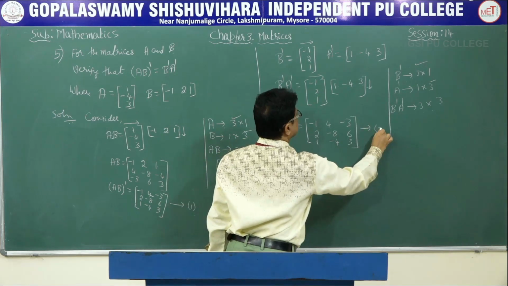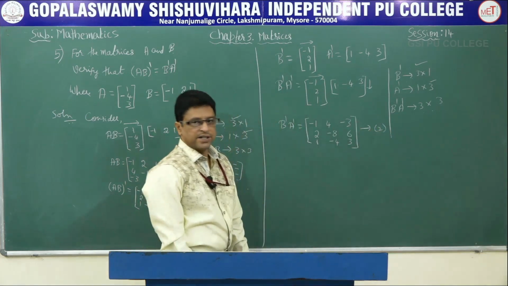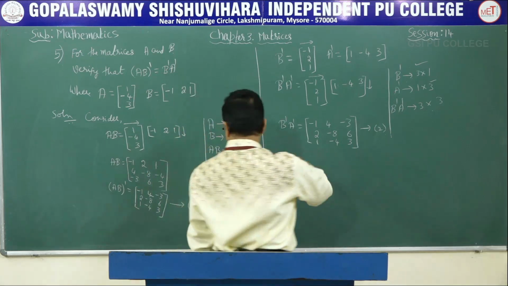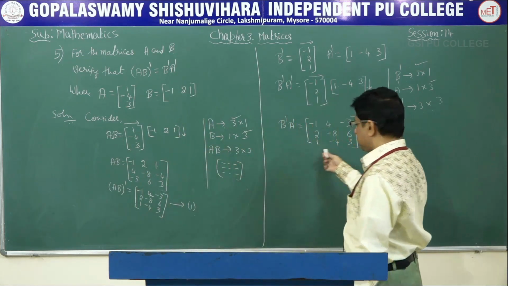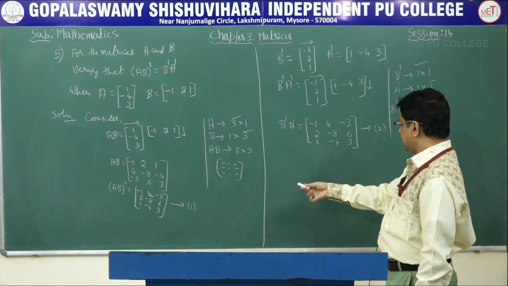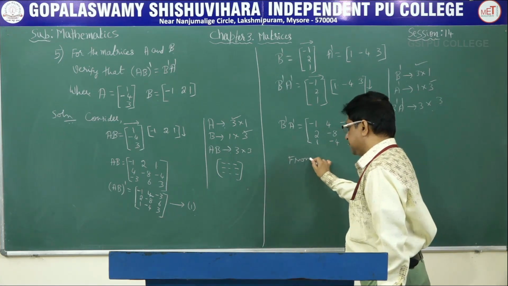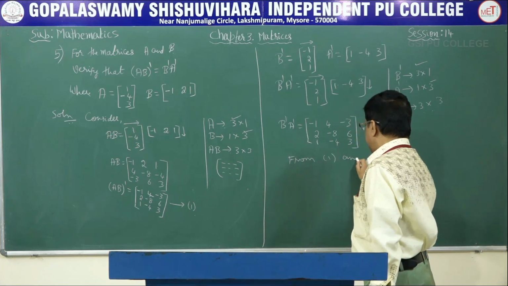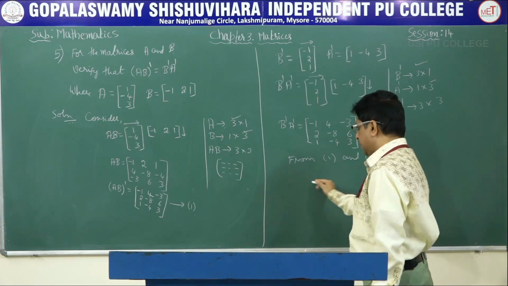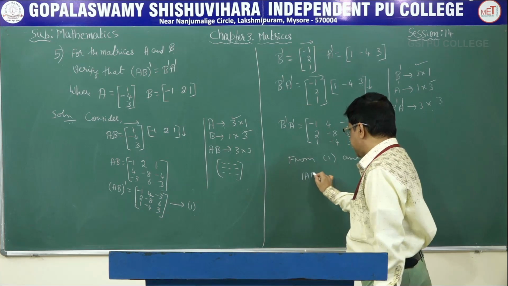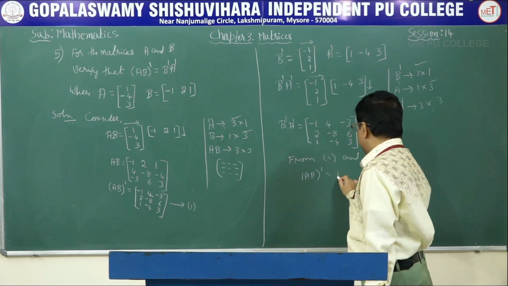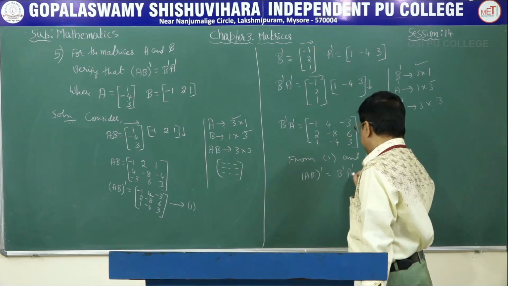We call this equation 2. So from 1 and 2, both are one and the same, that is, AB whole dash will be equal to B dash A dash.